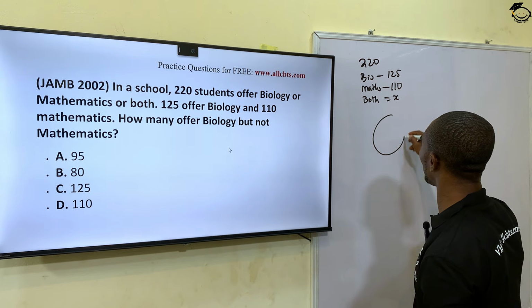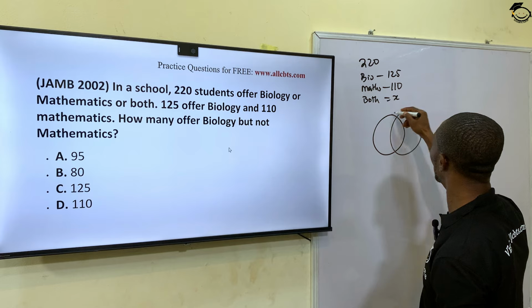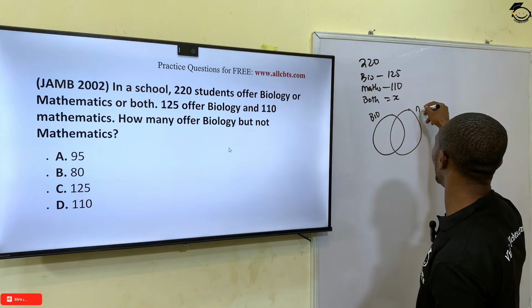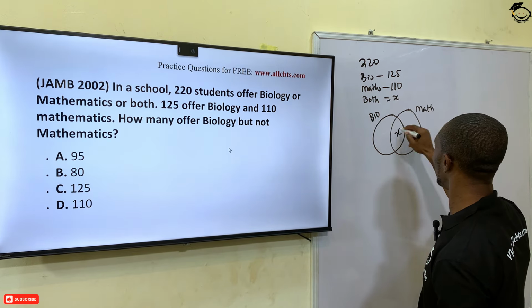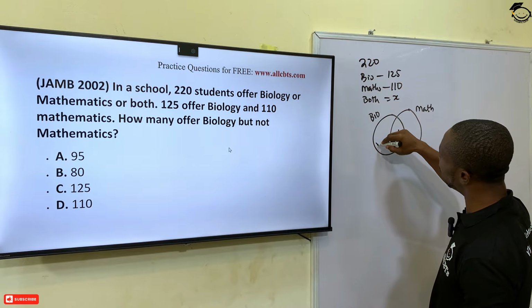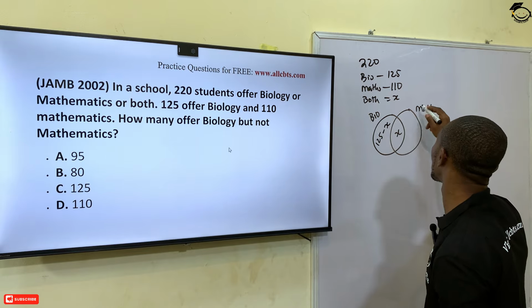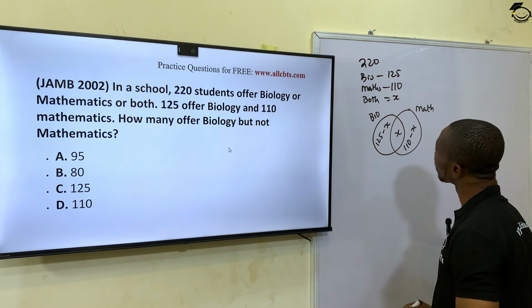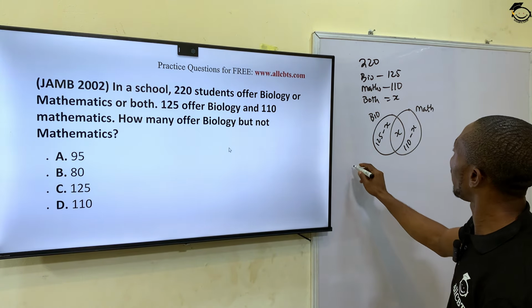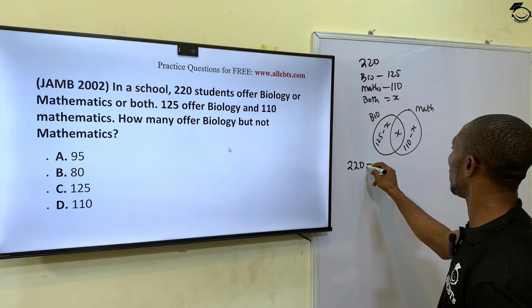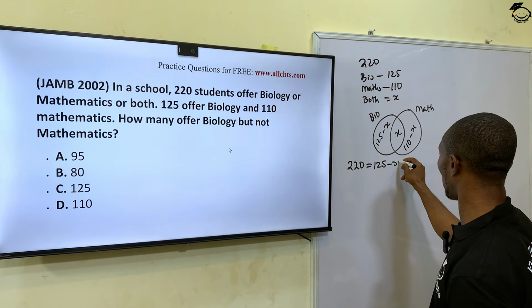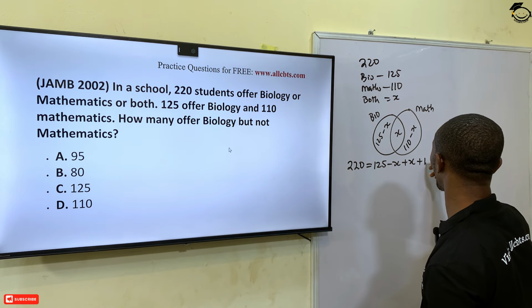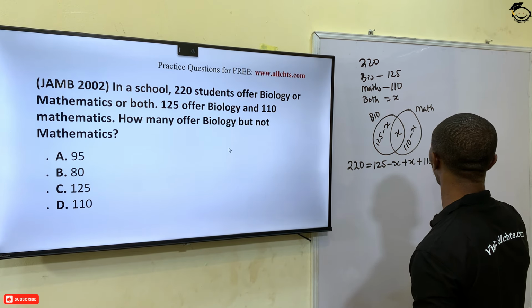So having a Venn diagram as bio and maths, this is x. So for biology alone will be 125 minus x, and maths will be 110 minus x. All right, so here we have this as 220 equals 125 minus x plus 110 minus x.